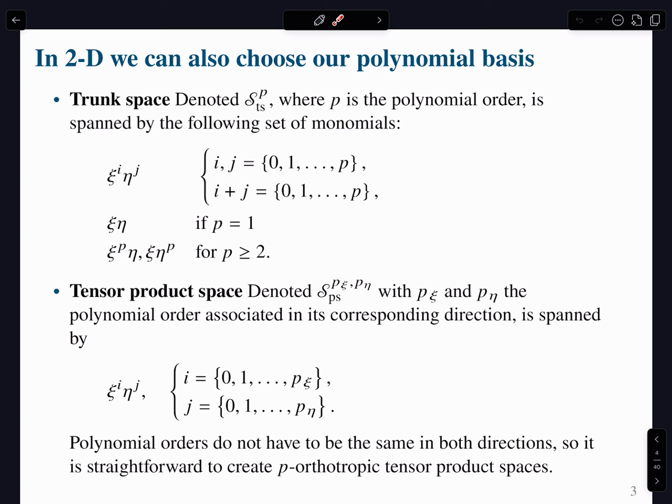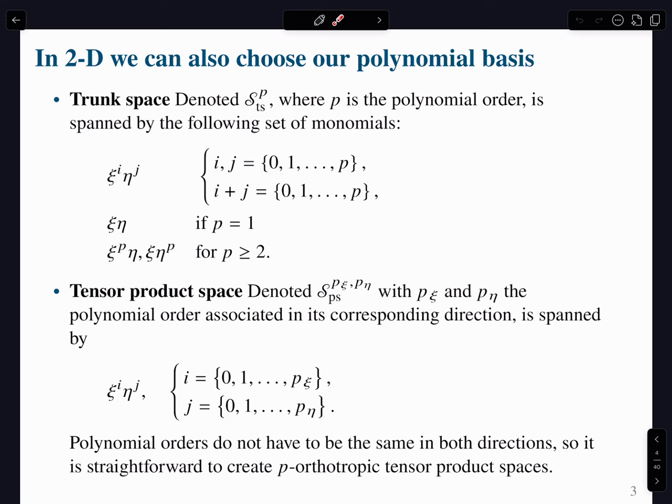So in other words, well, you may think about problems where you want to have a higher polynomial degree in one direction, for instance, the ξ direction, right? And so for instance, for the ξ direction, I may choose to have like a quintic polynomial. And then for the η direction, I may want to have like a lower polynomial, let's say quadratic. So building this space this way is possible, right?